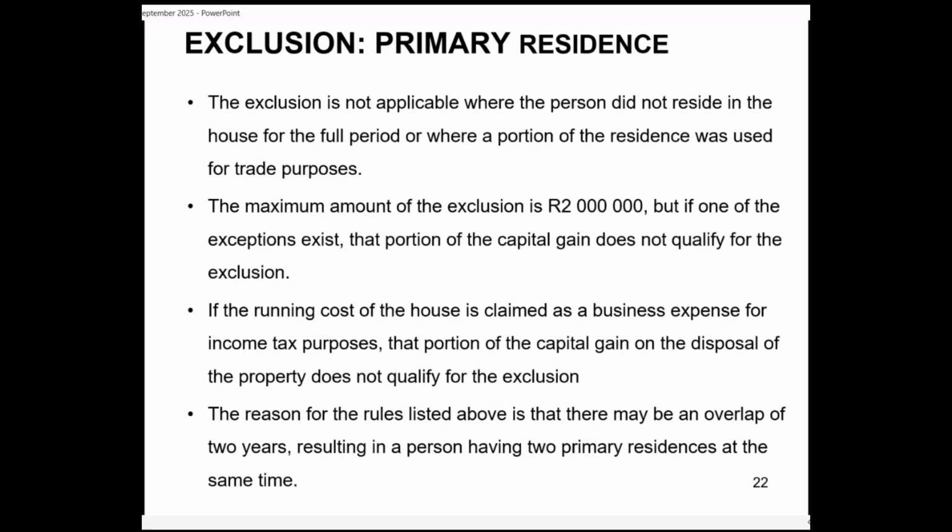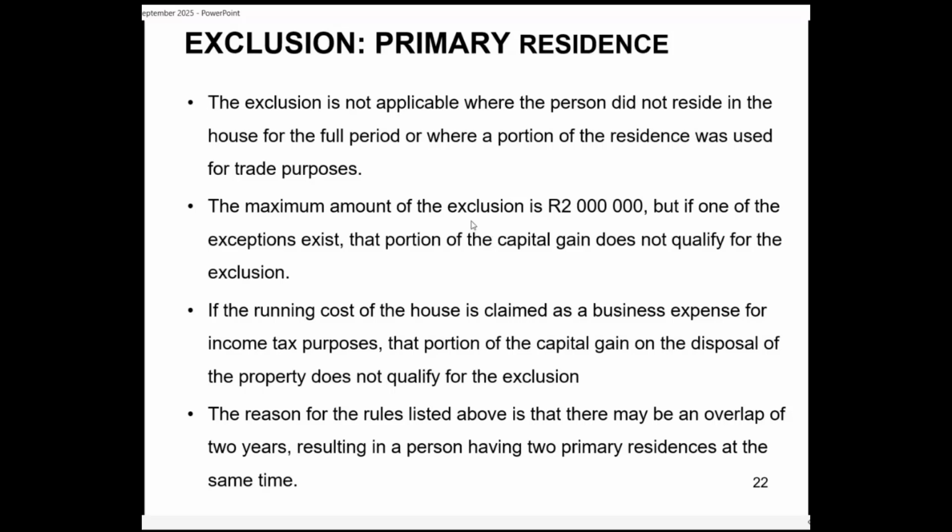So the exclusion is not applicable where an individual taxpayer did not reside in the house for the full period, or where a portion of the residence was used for trade purposes. Remember, a trade qualifies for section 11A. It won't qualify for primary residence exclusion.